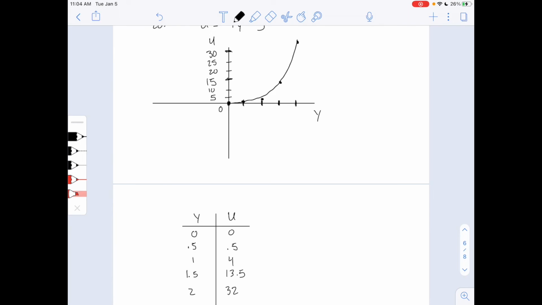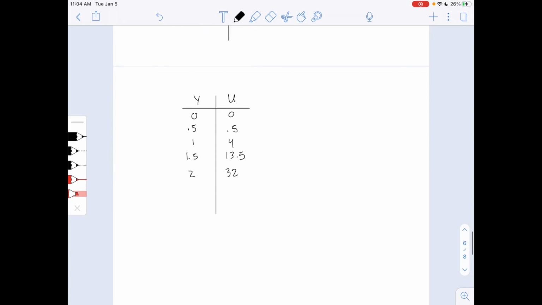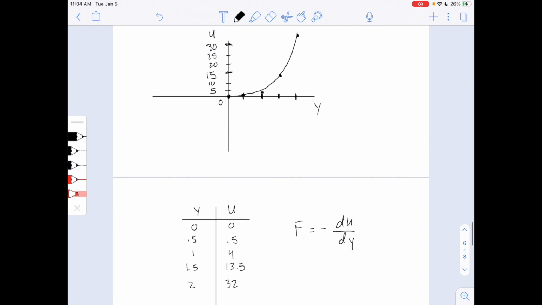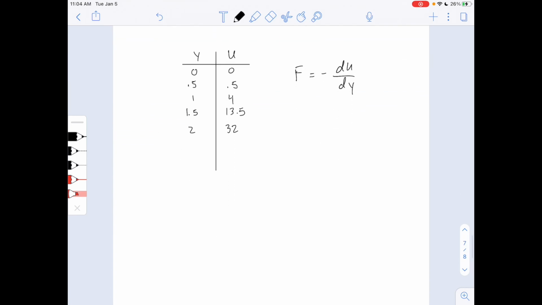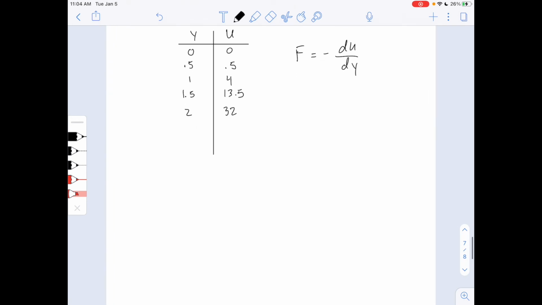There's our graph, and now we just need to find the y component of the force on the particle at 0 meters, 1 meter, and 2 meters. So one way we could do this, just like before, we said force is the negative derivative of U with respect to, in this case, y. Okay, we could find the negative slope at each of those points.